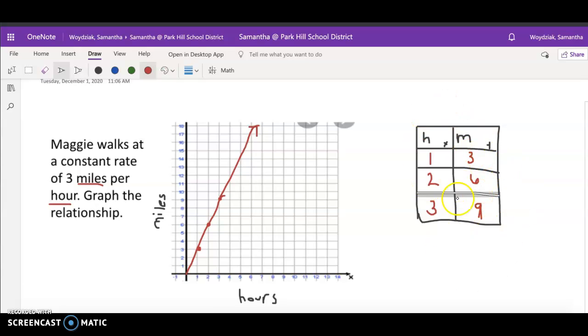So make this table off to the side on your notes. Fill it in and see if it makes sense. When I see this table, it looks like it makes sense. 1, 3, 2, 6, 3, 9. And if you can do that, the graphing part is pretty easy. So go ahead and try your example, make that straight line, and make sure your coordinates make sense before you graph them.